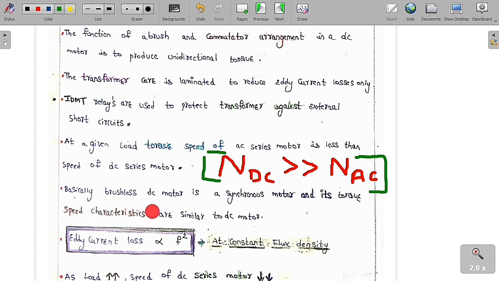So basically a brushless DC motor is a synchronous motor and its torque speed characteristics are similar to a DC motor.